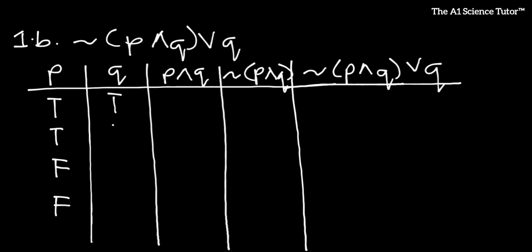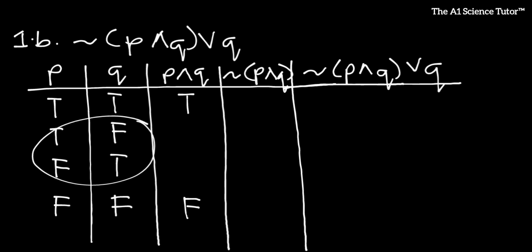Then we have truth, false, truth, false. Okay, so if we have P conjuncted with Q, truth and truth always gives a truth. This one, false and false, it will still give what? A false. But it happens that this one always gives false. So this is false. This is also going to be a false.